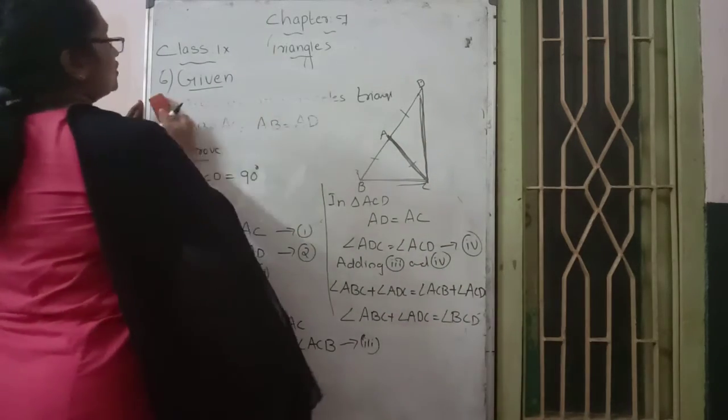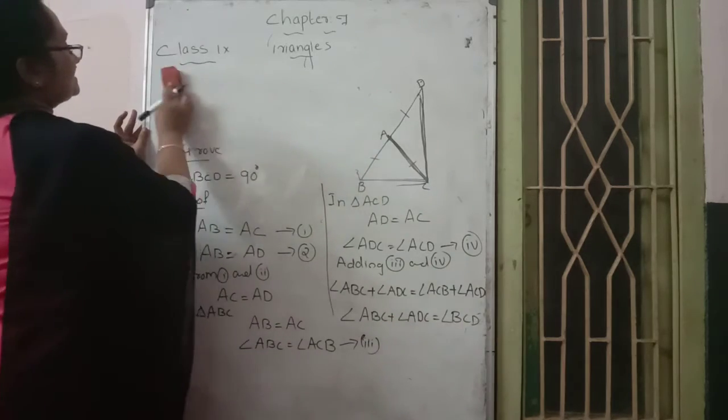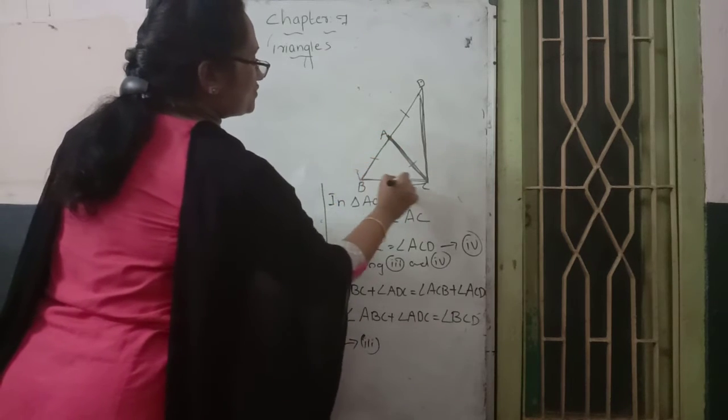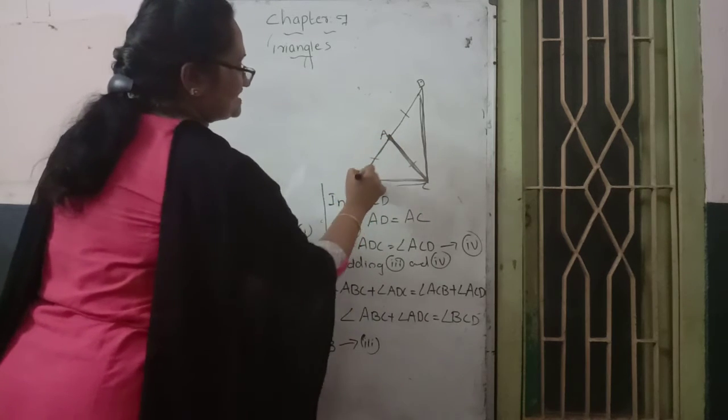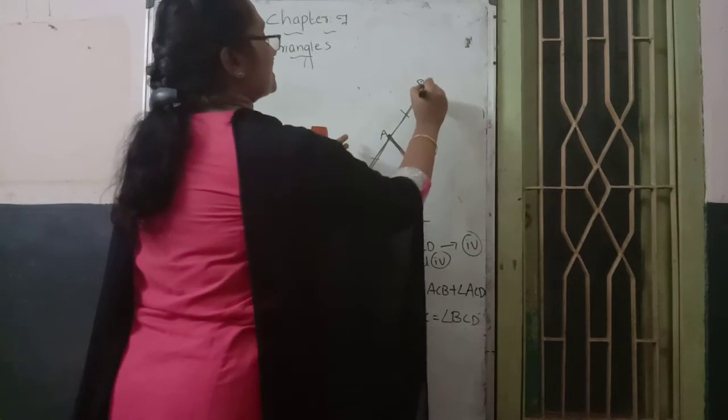Next we go through the left side part. The right side we changed like this. On the left side, with respect to the small triangle, angle ABC is there. Now we consider our big triangle.